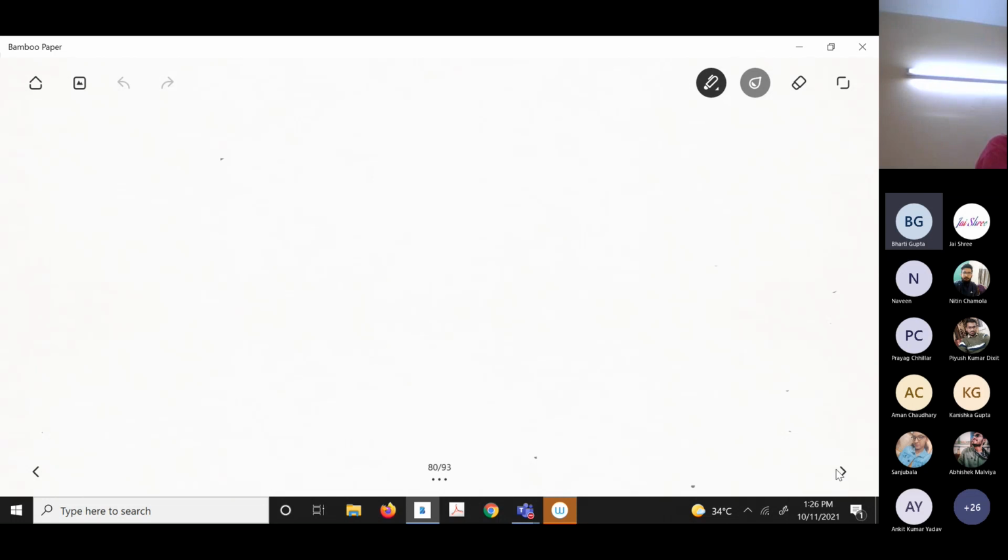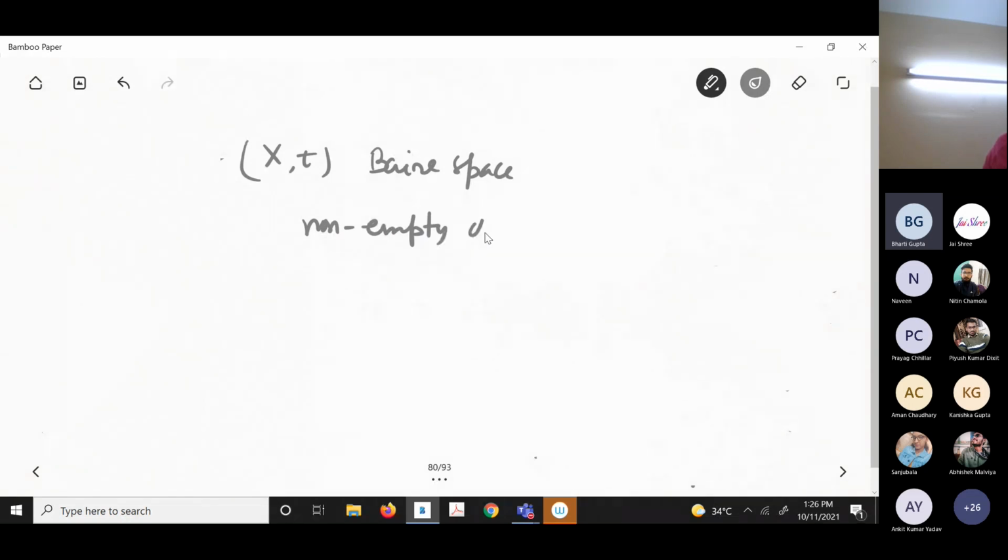Every open subset of X, so that means it is stronger than that. If (X, tau) is a Baire space, if every non-empty open subset of X, open I underlined, is of second category in X. That means in (X, tau).